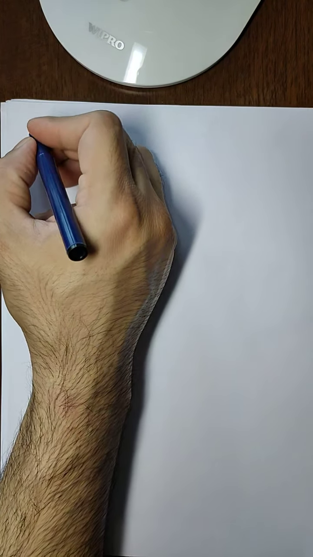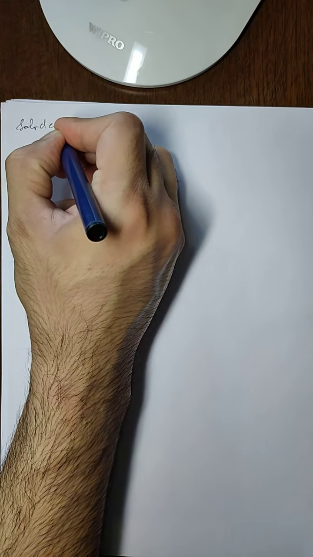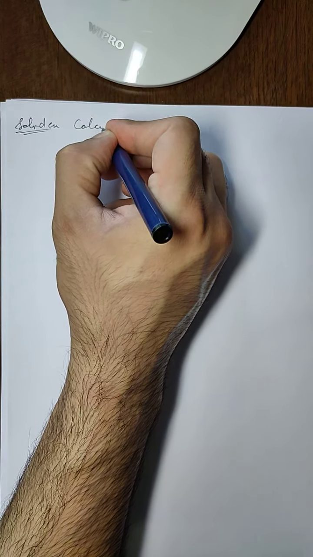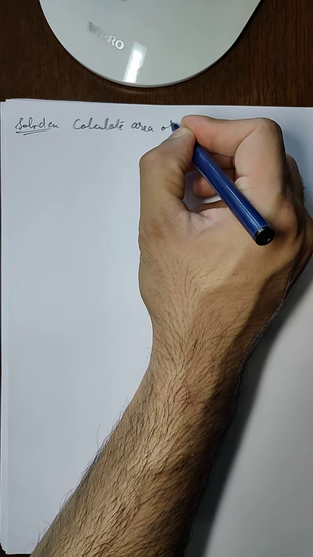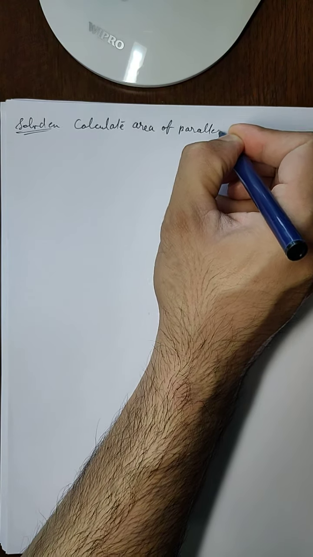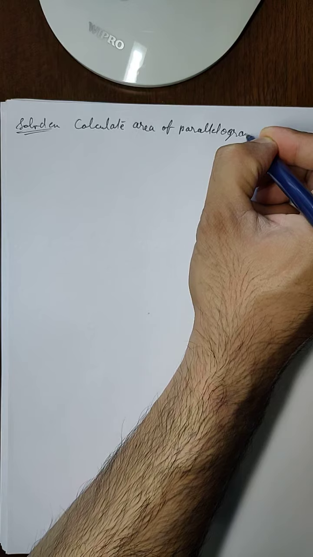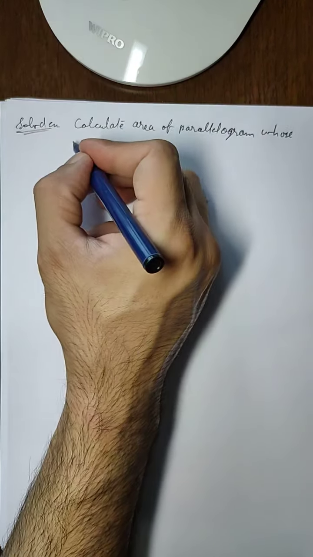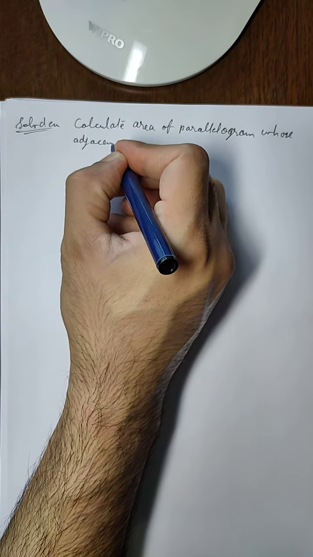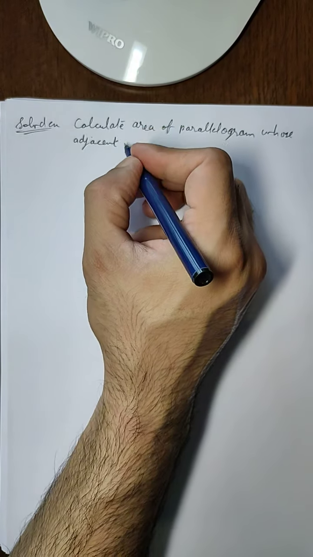Let us do another solved example. We have to calculate the area of a parallelogram whose adjacent sides are given in the form of vectors.